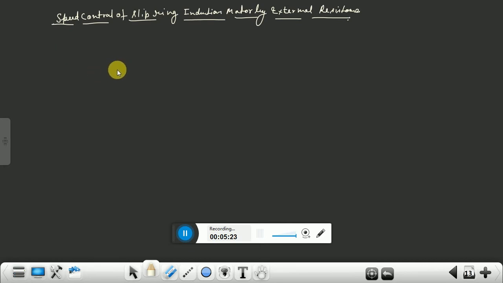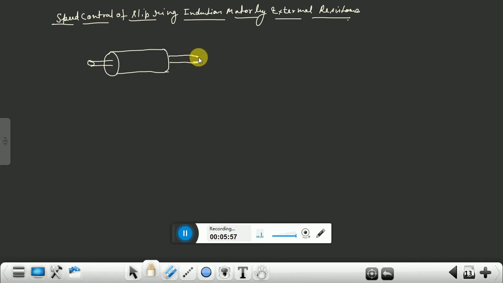Basically in this method, this is your induction motor rotor, and this is the shaft of the motor. This is the front side, and this is the back side of the shaft.